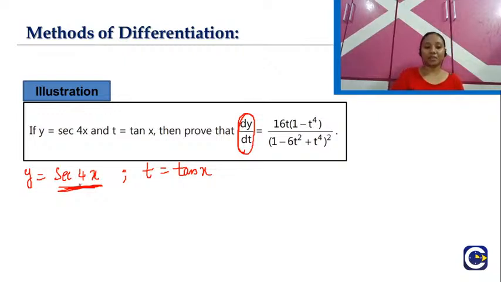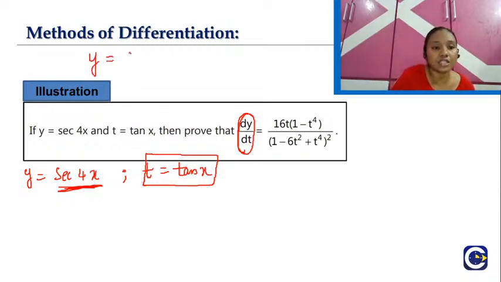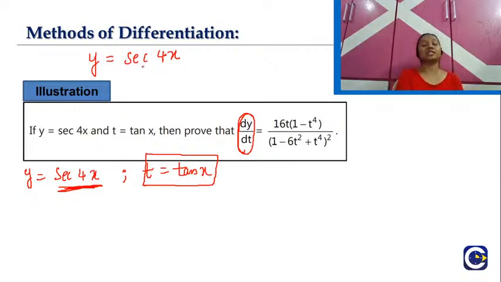So your aim is to convert your y function in such a way that you have tan terms, and in place of tan terms you can substitute t, so that you have your y function not in terms of x but in terms of t, and then you can find the differentiation of that function. So your first aim is, you have y equal to secant 4x, but you have to convert this in terms of t. So just use your trigonometric identities to convert that and see what the answer will be.